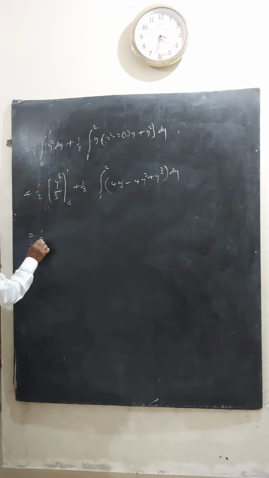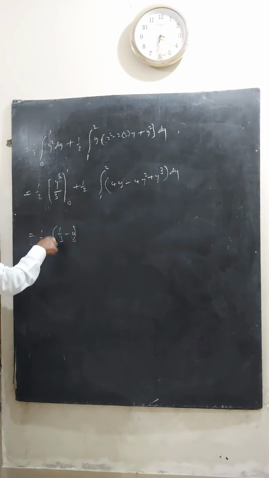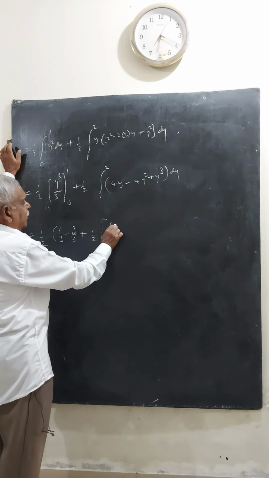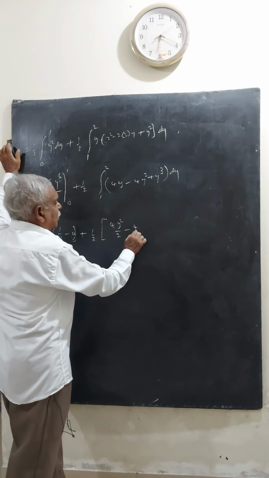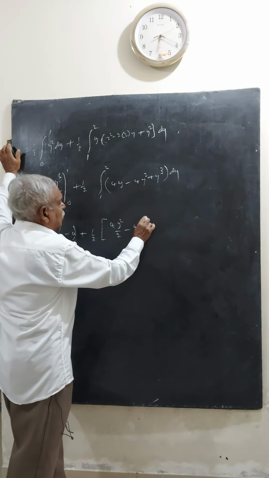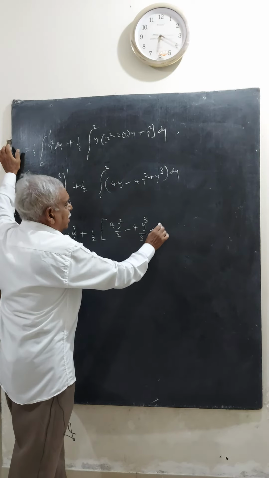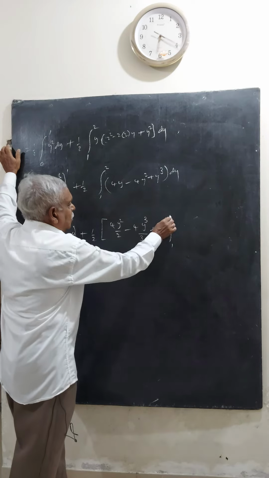Now we can integrate. Equal to 1 by 2, 1 by 3 minus 0, upper limit 1 cubed is 1 by 3, plus 1 by 2, integrating 4 y square by 2, minus 4 y cubed by 3, plus y power 4 by 4, limit 1 to 2.